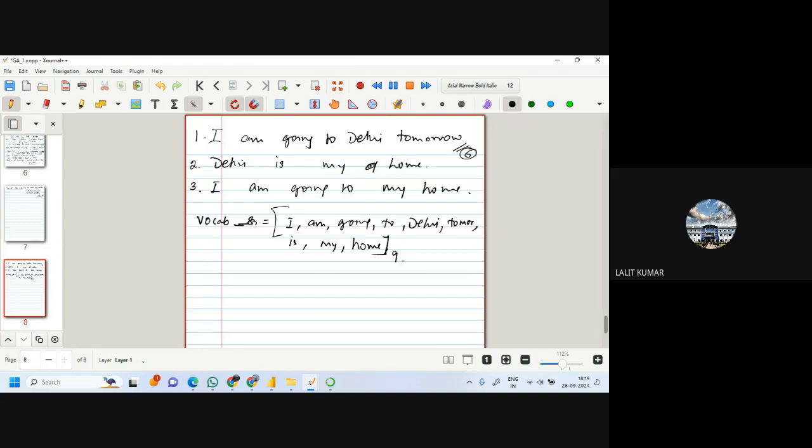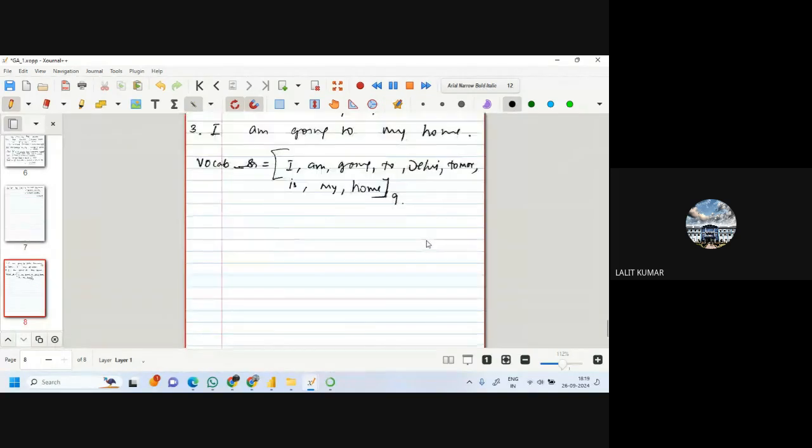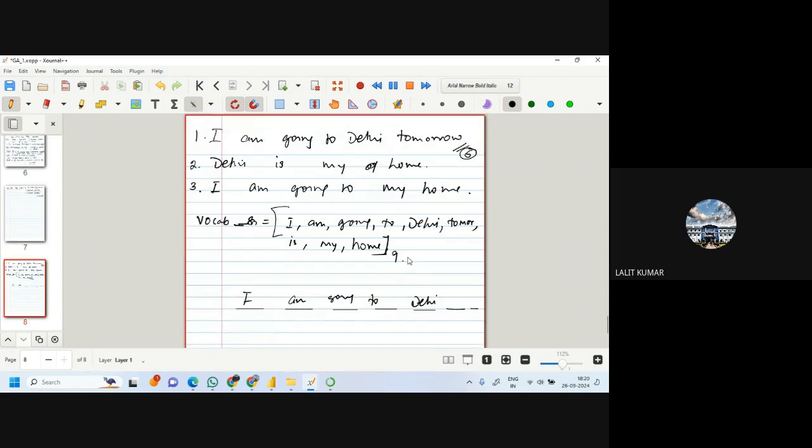This becomes my token size. So what happens when I feed it to the encoder? I will feed it only six at a time. First I will feed I am going to Delhi tomorrow, which is 6.